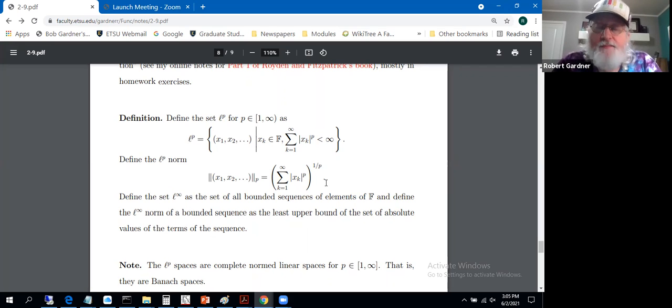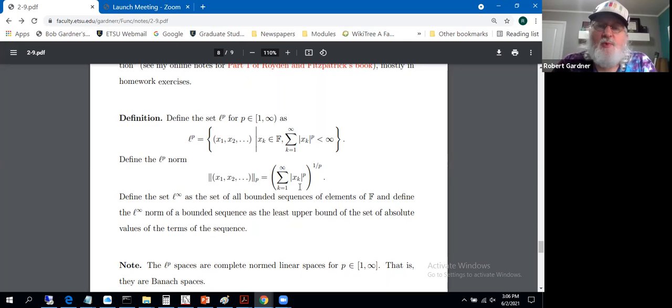Suppose p equals 2. If p equals 2, I wouldn't need those absolute values, not if these are real numbers. We'd have the square root of the sum from 1 to infinity of x sub k squared. Dude, that's just totally Rn style. That's very much like the Euclidean norm that you're used to. Well, except for the infinity thing on the top.